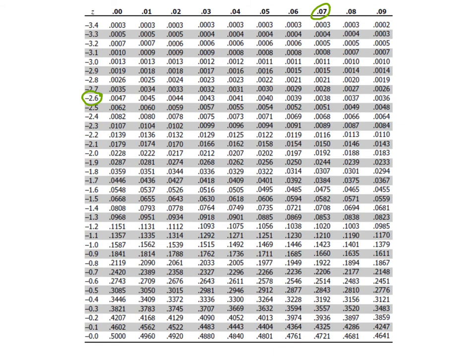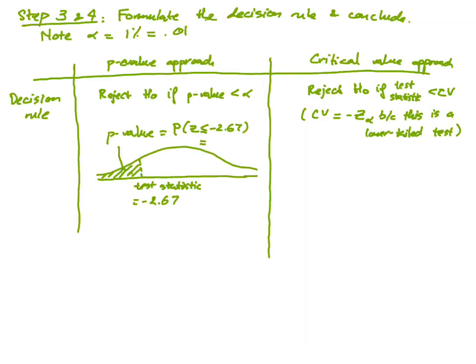That gives you a probability of 0.0038, which means that our p-value is 0.0038.